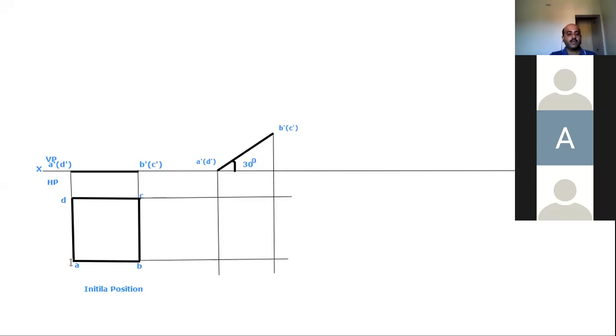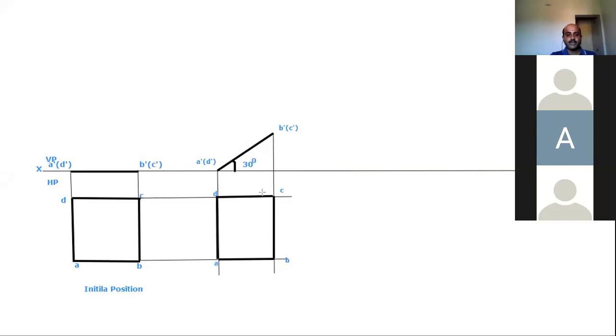Where the vertical projectors meet, this point is A, this is B, this is C, and this is D. Now join all those points with a thick line. This is the second position of the lamina.